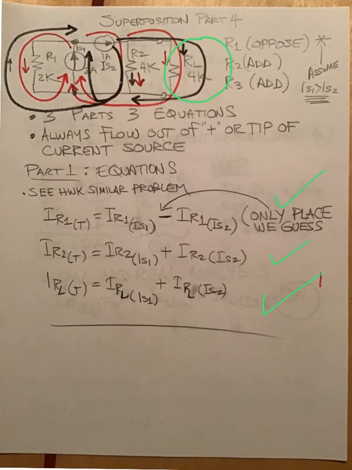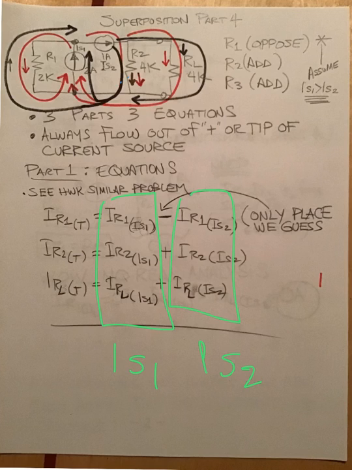And also, take note, 3 parts, 3 equations, okay? Because each one is the result of a different source. This particular block is the result of IS1, and this particular block is the result of the second current source.